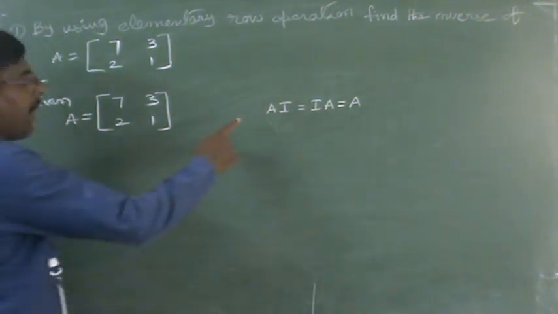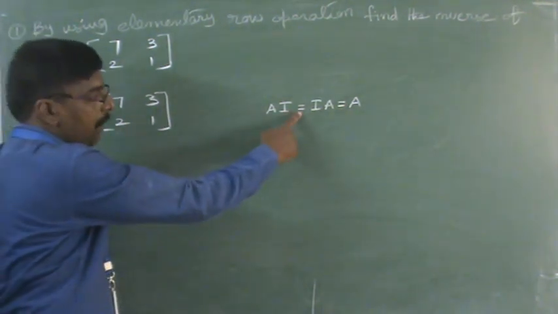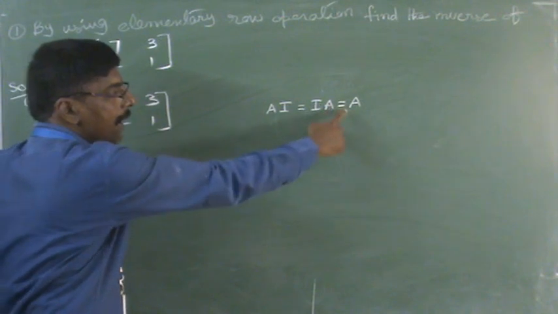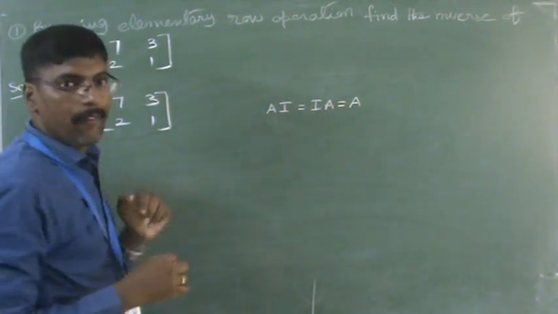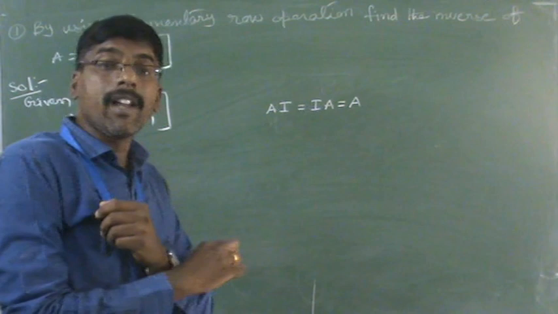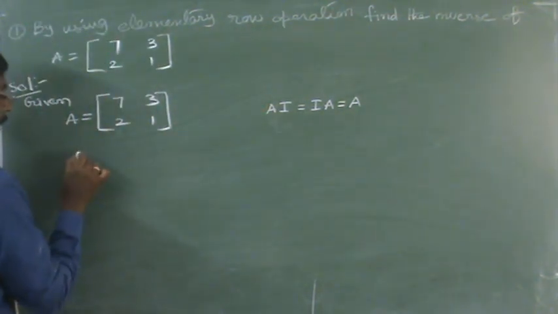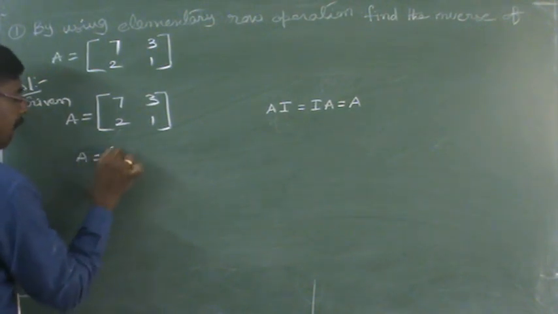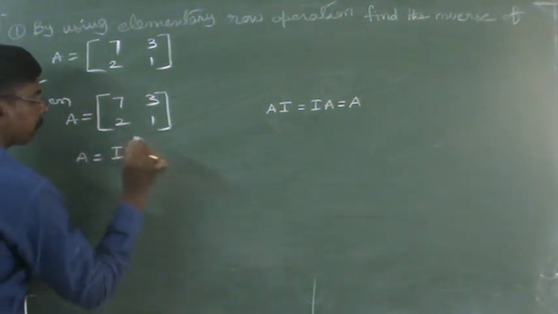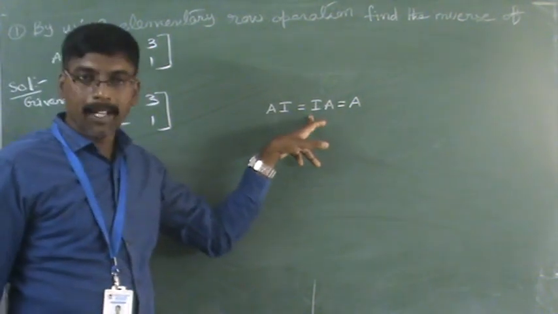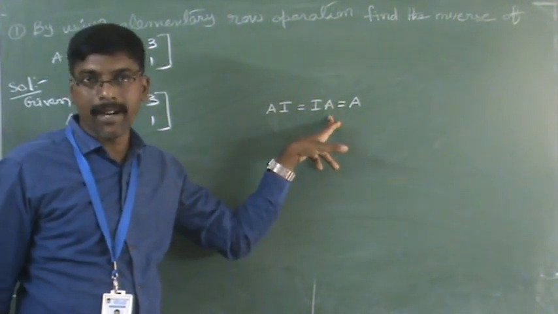Here A into I equals I into A, which can be written with the unit matrix I. So matrix A can be written as I into A. What is I? The unit matrix.